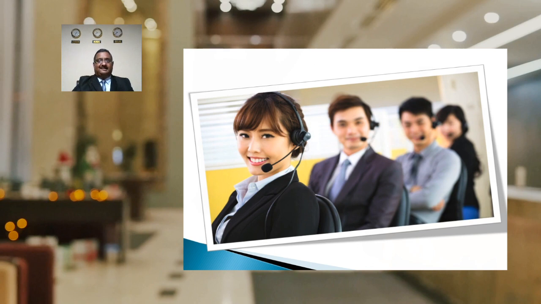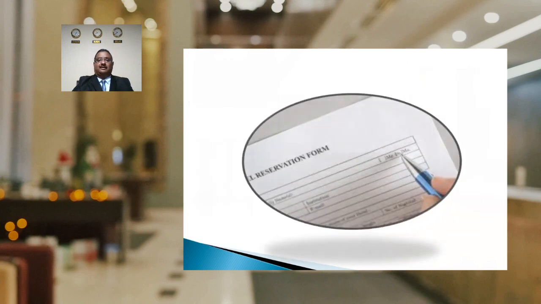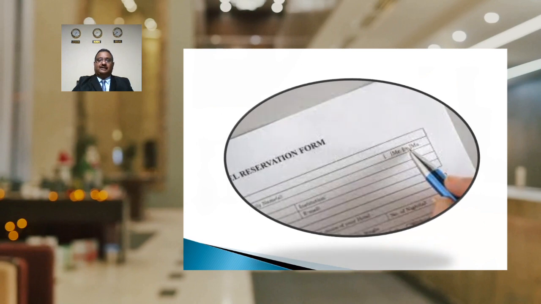Once the guest is convinced with the tariff and the facilities available in the hotel, the reservation assistant creates a reservation on a reservation slip. The details collected during the reservation are very helpful for the hotel to complete pre-registration activities like assigning a room as per the guest's choice and request.